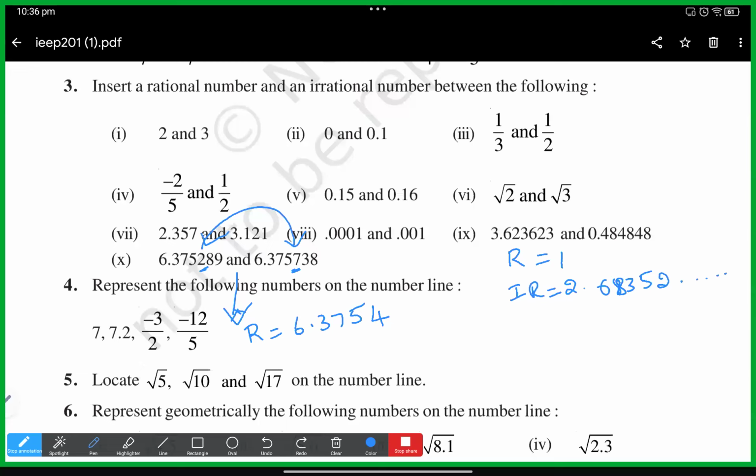Like that. Yes, sir. And then for the irrational number we can take 6.3758129 and so on. Yes, Pranavi, that is correct.